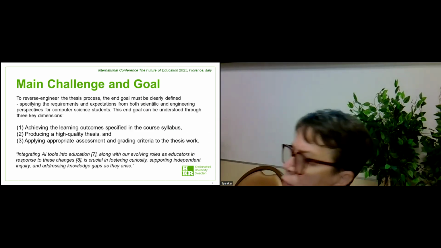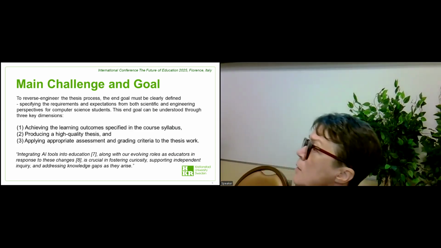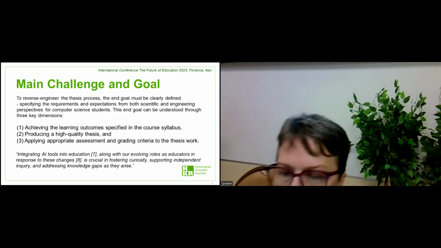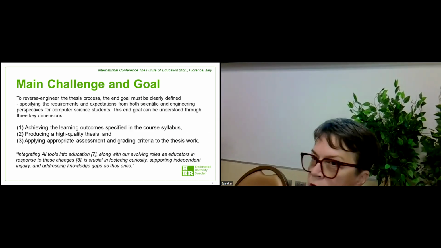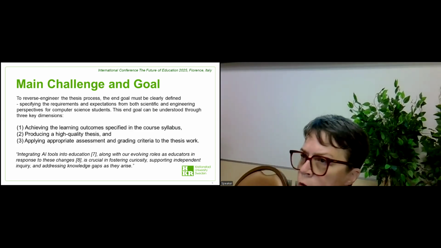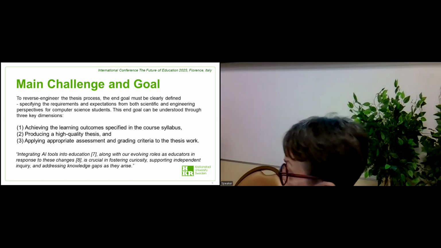So there are very many processes, and we demand very much from the students in this process, and it hasn't become less over the years. So that is a very interesting equation. We have achieving the learning outcomes specified in the course syllabus, producing a high quality thesis, and applying appropriate assessment and grading criteria to the thesis work.